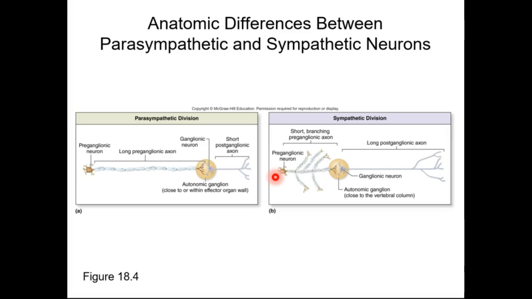Whereas in the parasympathetic division, the preganglionic neurons are long, and the postganglionic neurons are short. In fact, the ganglia for the parasympathetic division will be located on or near target organs.